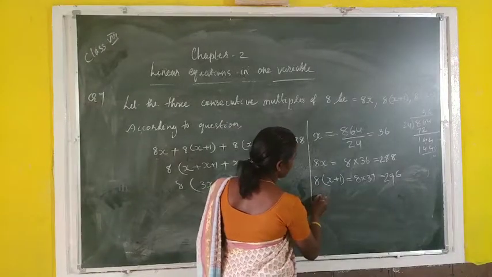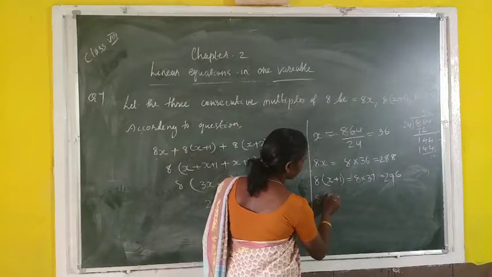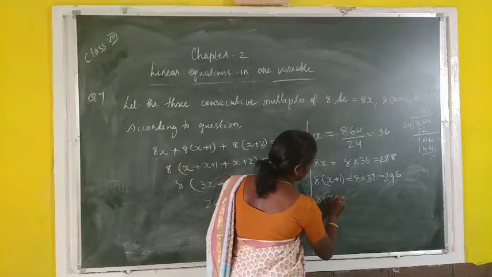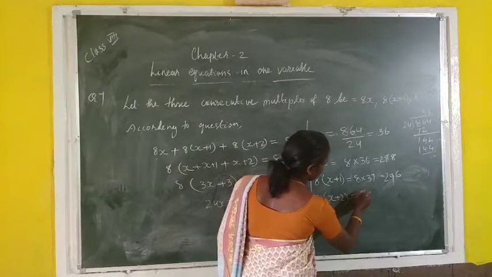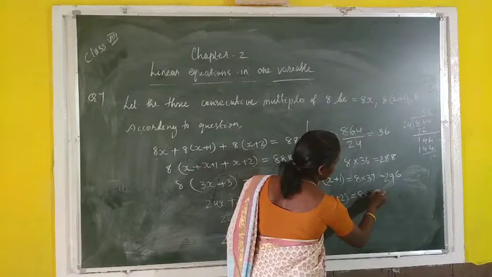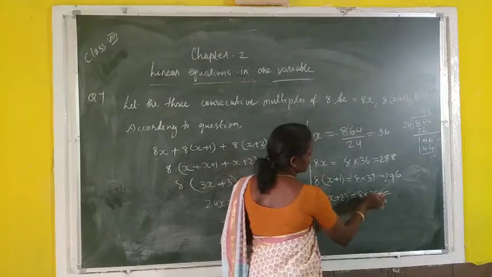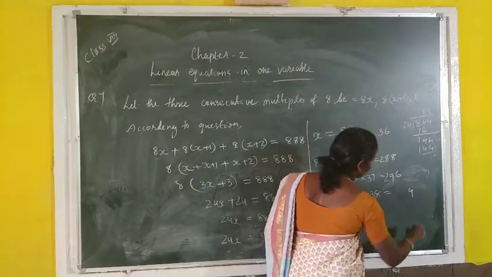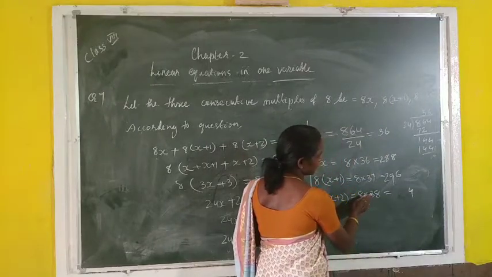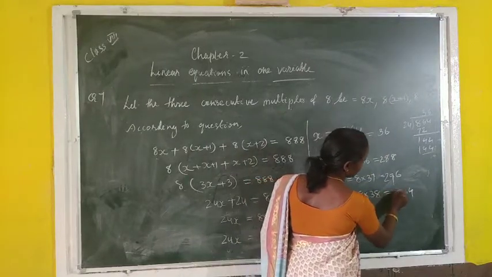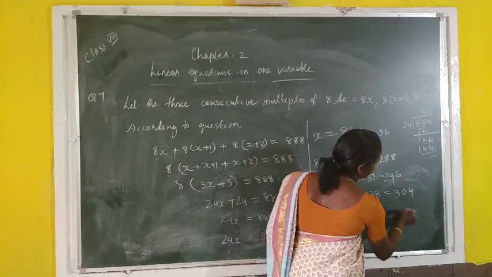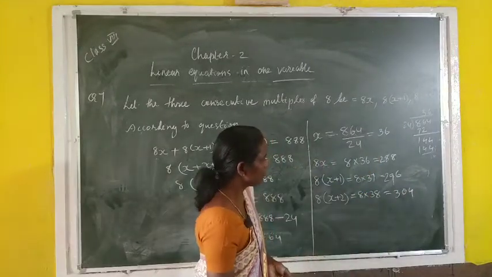The next, 8 into x plus 2 is equal to 8 into 38. 8 8s are 64. Carry 6. 8 3s are 24. 24 plus 6, 30. So the third number is 304.